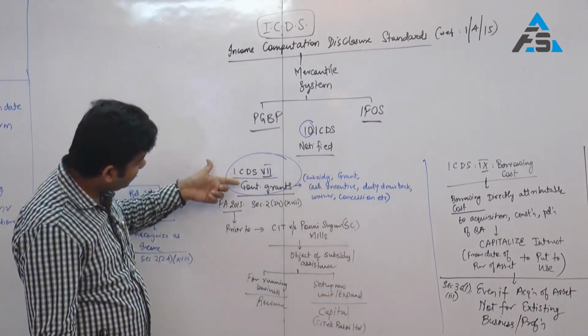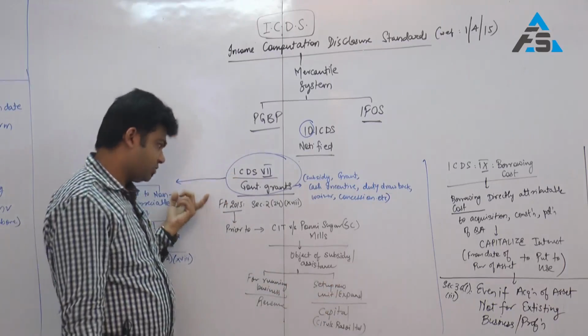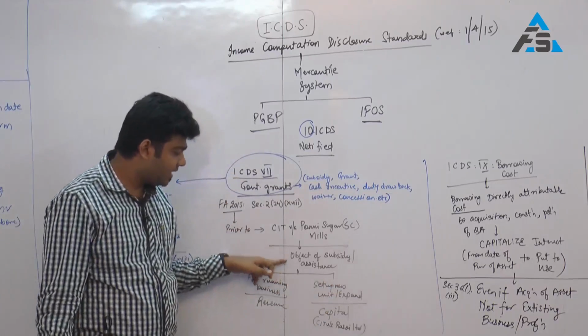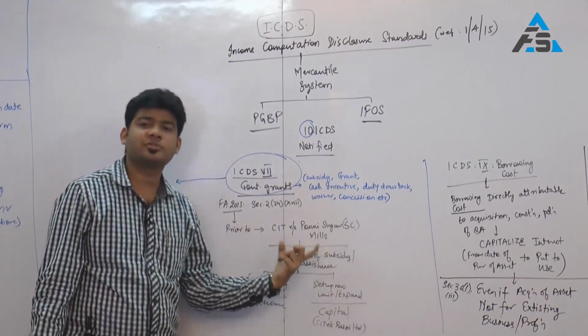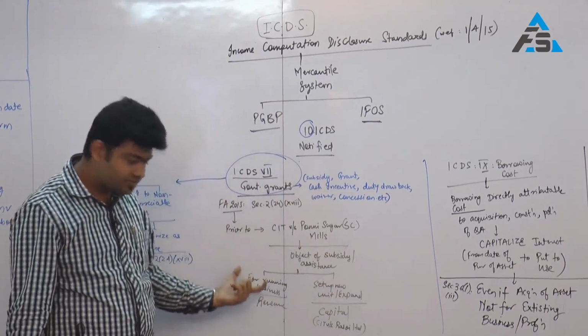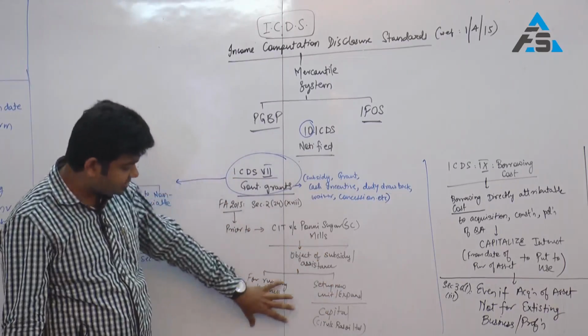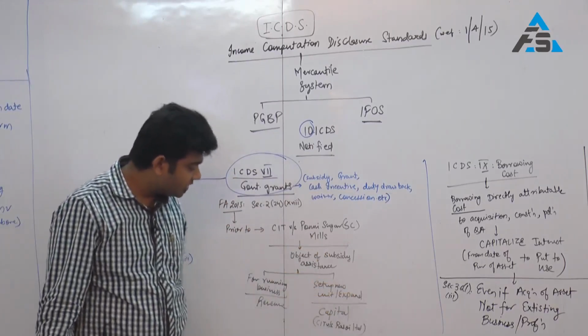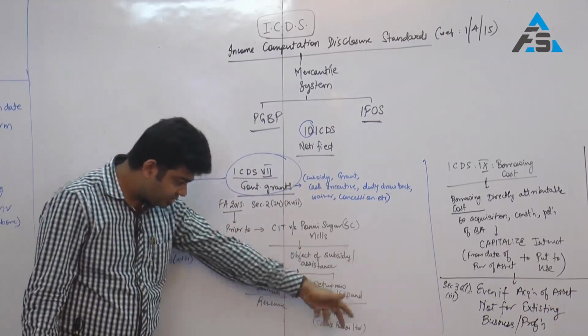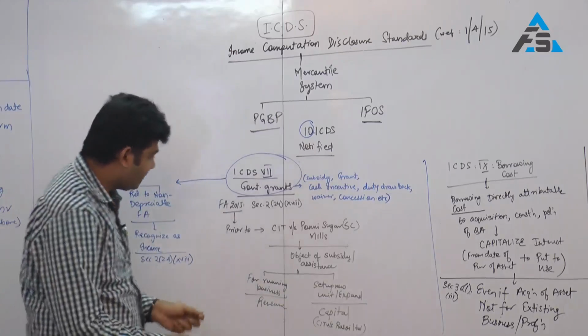So government grants prior to Finance Act 2015 were classified based on the object of the subsidy or assistance, whether it was for running day-to-day business, in which case it is revenue, or whether it was for setting up the unit or expansion, in which case it was treated as capital.